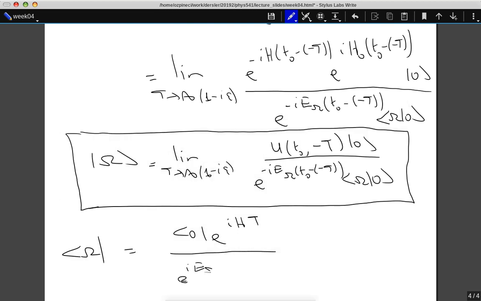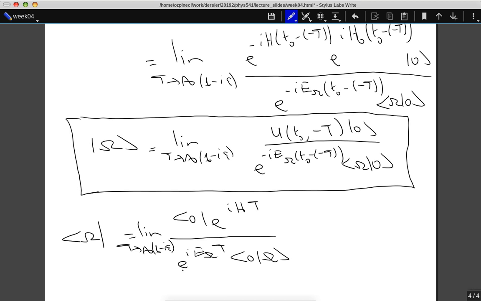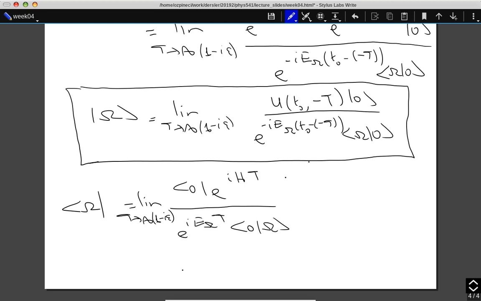It's the vacuum, e to the power i H t divided by e to the power i E omega of t 0 omega, limit as t goes to infinity (1 minus i epsilon). I'm not just taking the dagger.